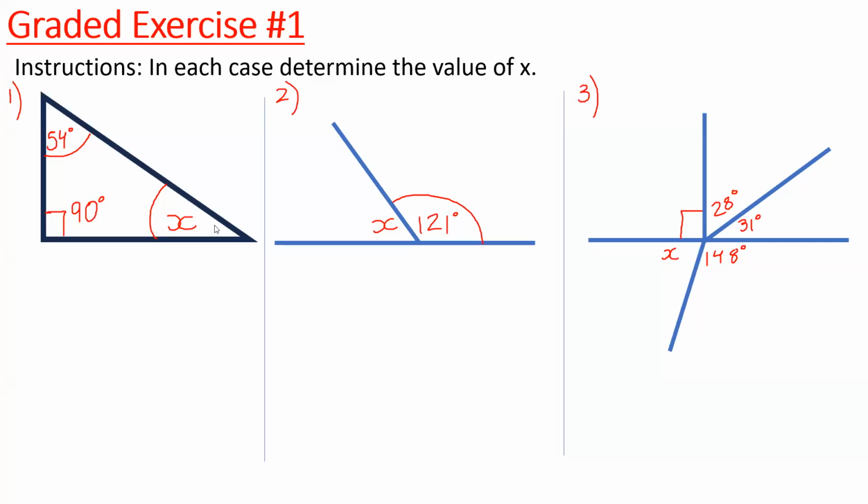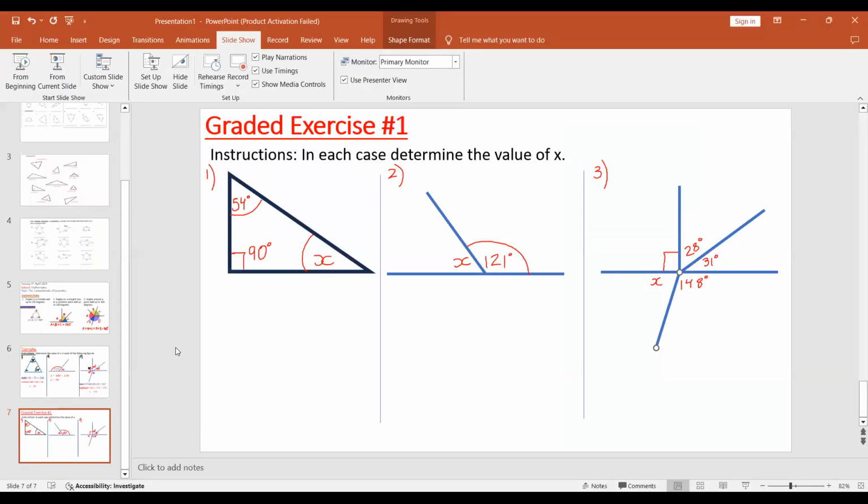We add 54 and 90. Okay, so the first thing we're going to do is add 54 and 90, and we get 144. 54 plus what? Plus 90, 144.